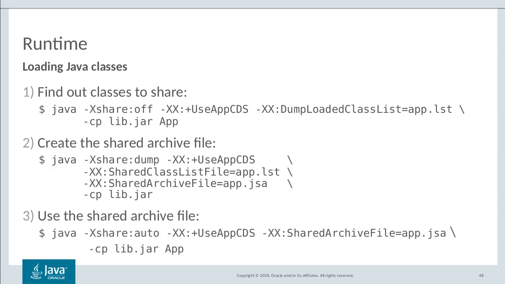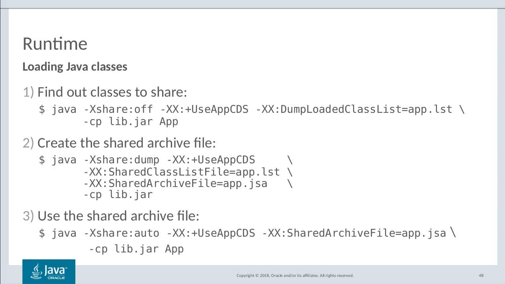We tell the JVM about this class list file that contains the names of the classes that we want to share, which is app.lst from step 1. We also give the JVM the name for the shared archive file with the flag -XX:SharedArchiveFile, and in this example I named the file app.jsa. And then we set up the class path or module path accordingly.